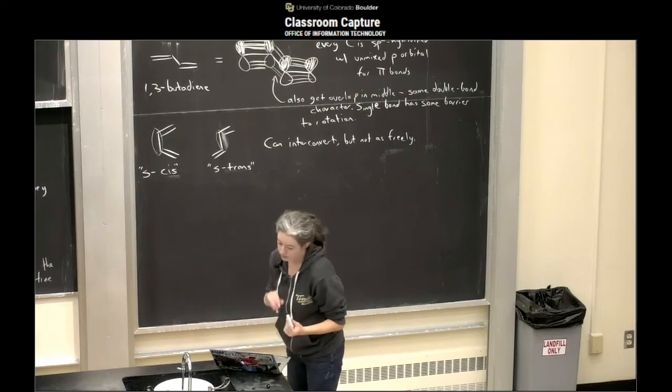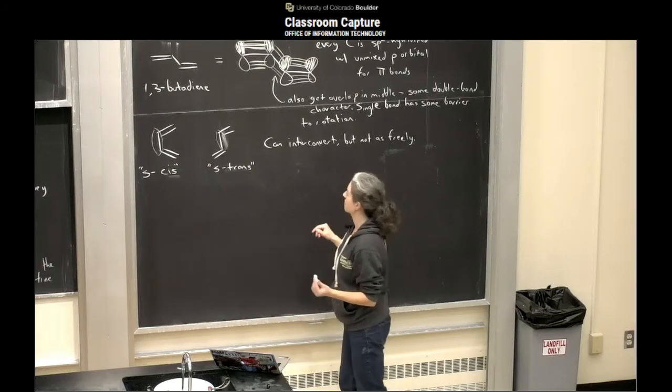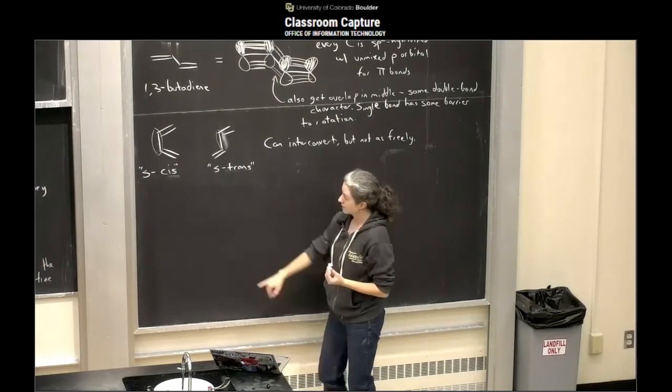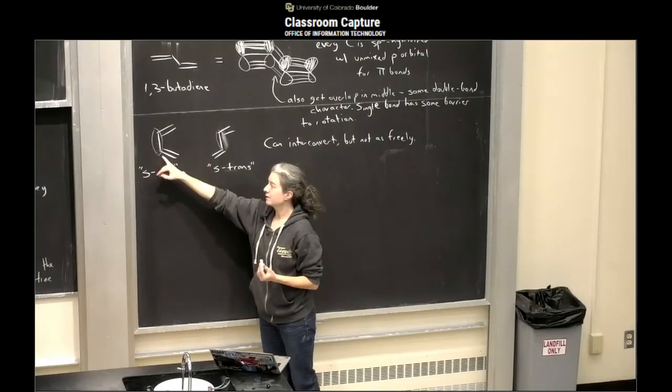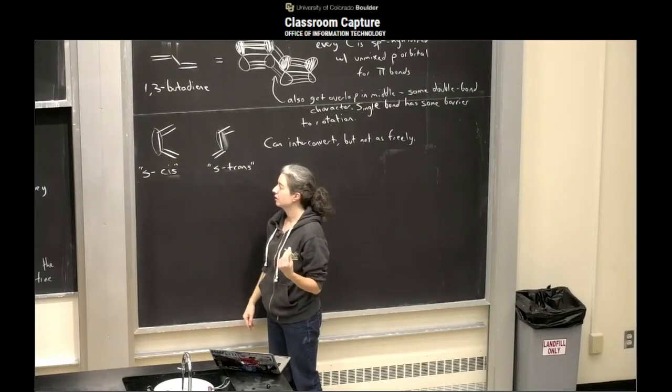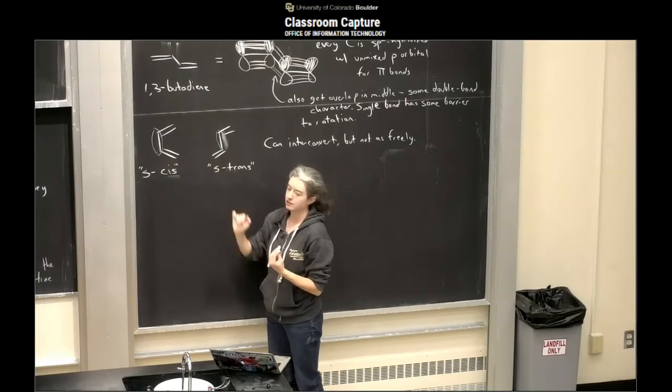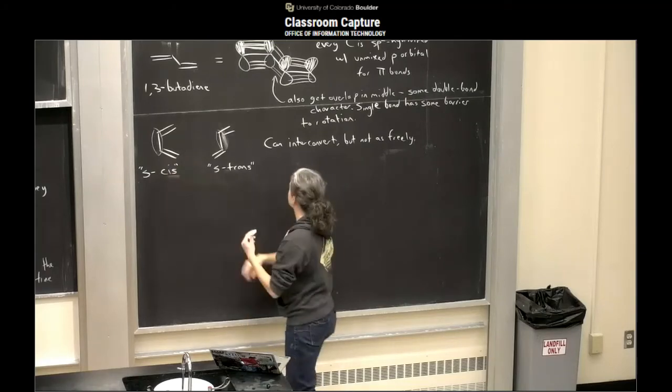Okay, there is one problem about the S-cis form, however, and that is kind of for the same reason that cis alkenes were unstable relative to trans alkenes, just because of sterics. We have the same thing going on here.